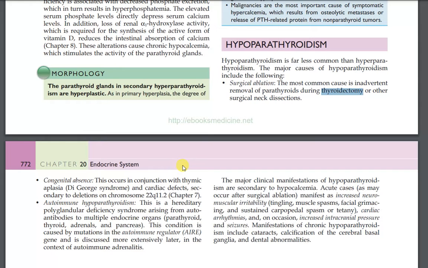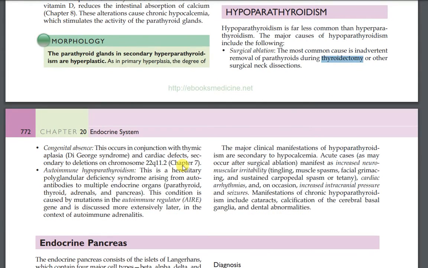That's why surgeons take care to prevent damaging the parathyroid gland, or control calcium level. Then congenital absence, which very rarely happens in DiGeorge syndrome. We discussed it a little bit in genetic abnormalities.